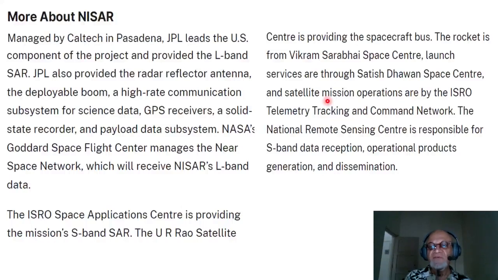The rocket is from Vikram Sarabhai Space Center. Launch services are through Satish Dhawan Space Center, and satellite mission operations are by the ISRO Telemetry Tracking and Command Network. The National Remote Sensing Center is responsible for S-band data reception, operational products generation, and dissemination.